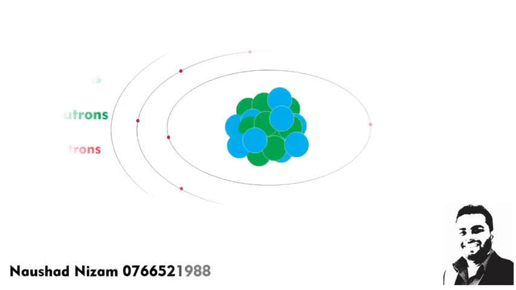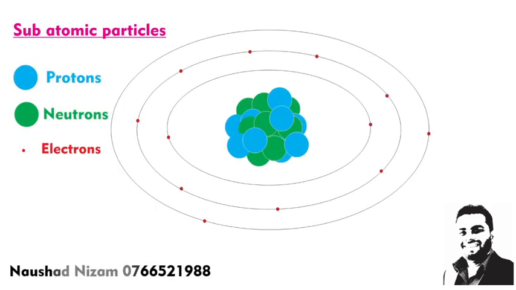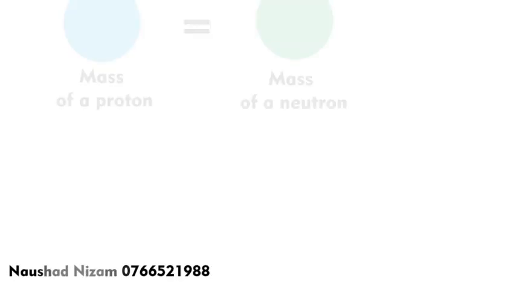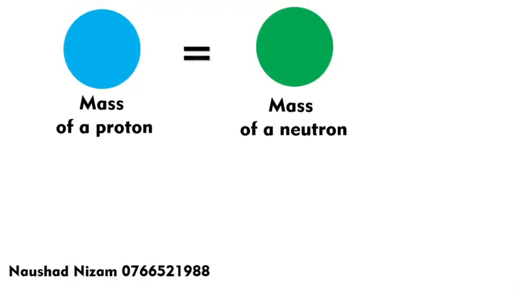Before we learn about this, I want to explain the subatomic particles found in an atom. You know that the protons and neutrons are accumulated in the middle, and the electrons revolve around them. Generally, protons and neutrons are equal in mass and size. The mass of a proton is equal to the mass of a neutron.